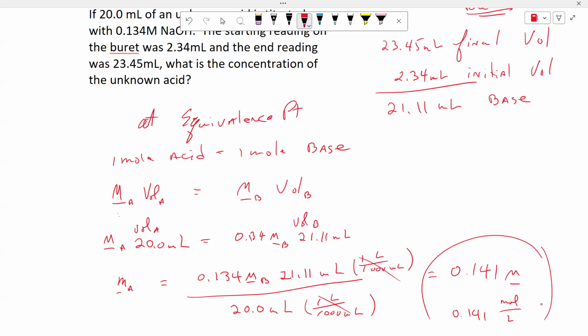Okay, so it's 1.41 moles per liter. That is a very, very generic and common titration problem.